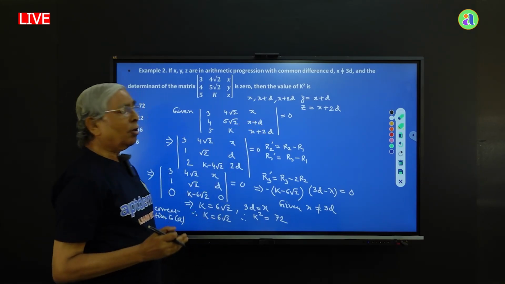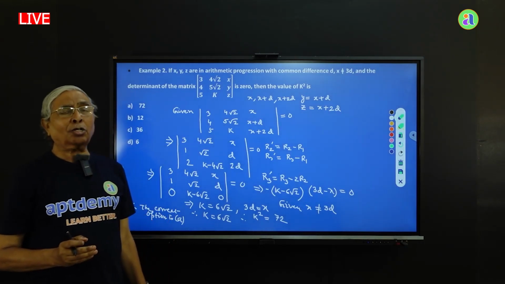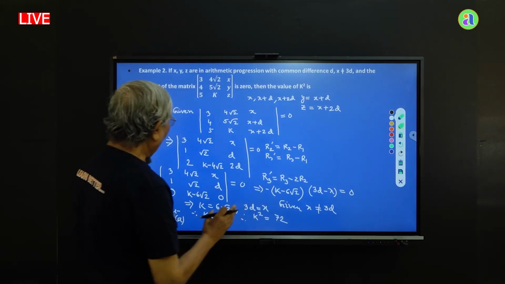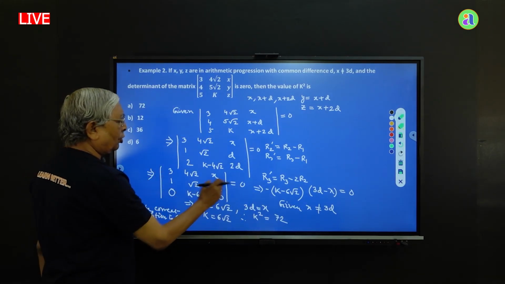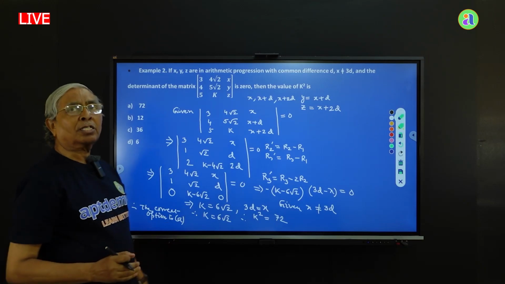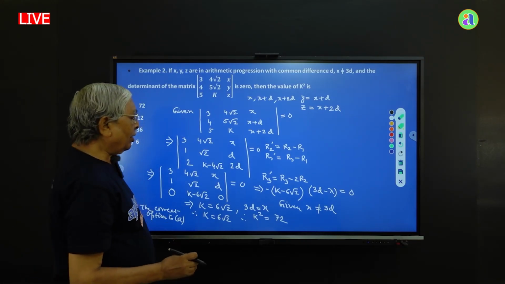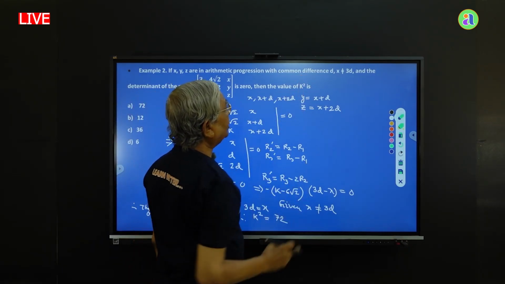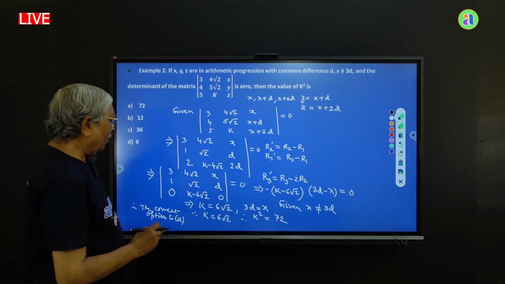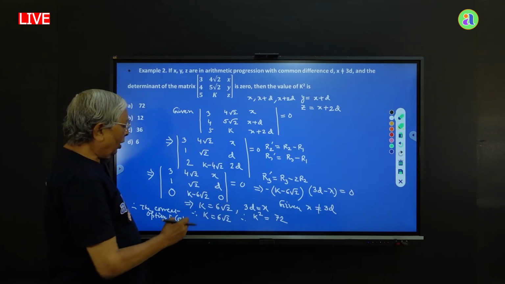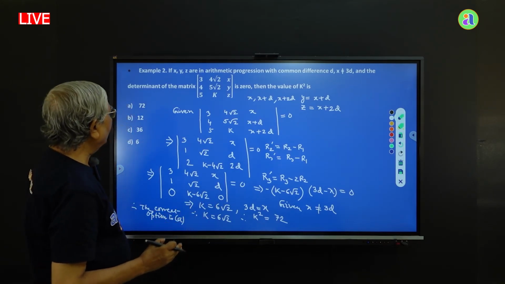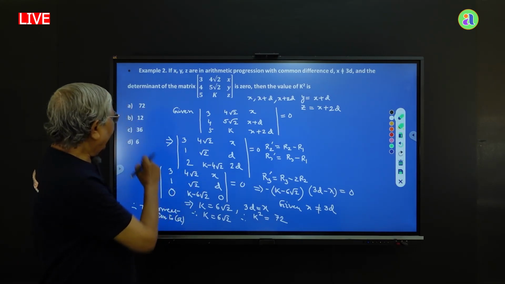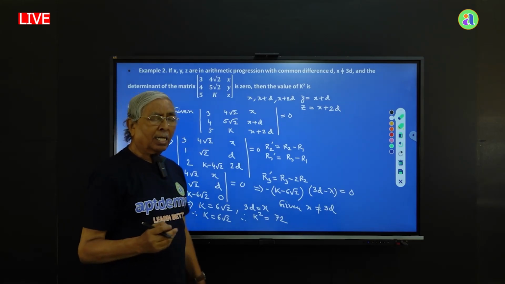So we have done R2 dash equal to R2 minus R1 and R3 dash equal to R3 minus R1. Expanding with respect to the third row, you get k is equal to 6 root 2 or 3d equal to x. But you are given that x is not equal to 3d, so we can at once write k is equal to 6 root 2. Therefore, k square equal to 72. So the correct option is A.